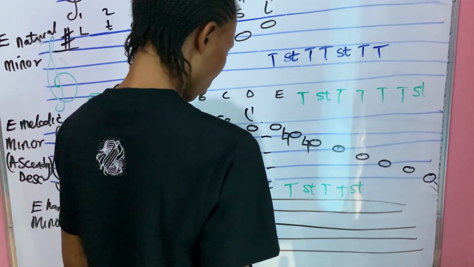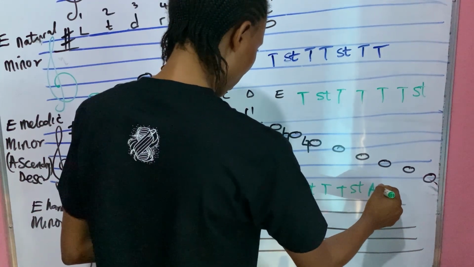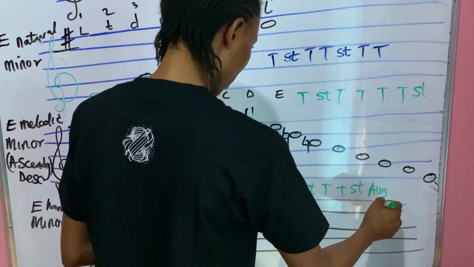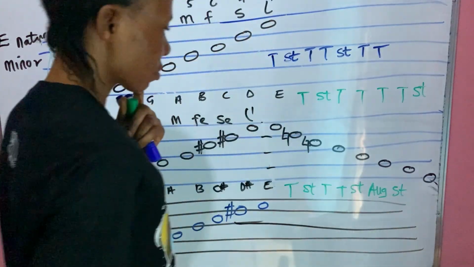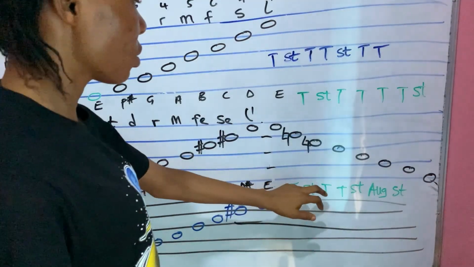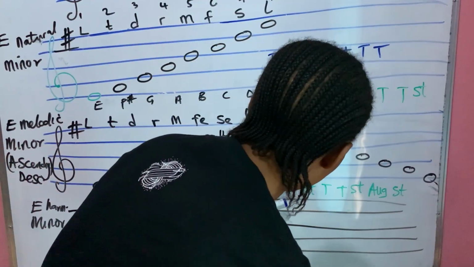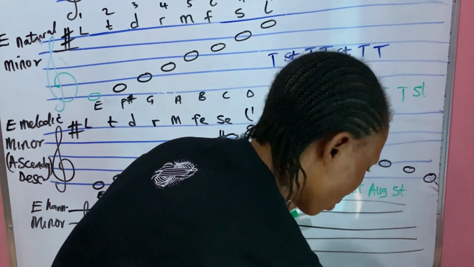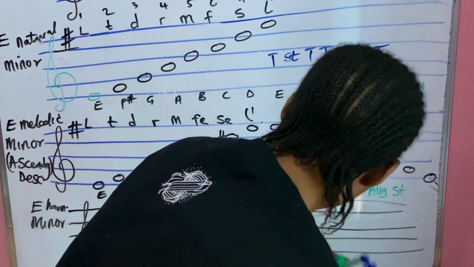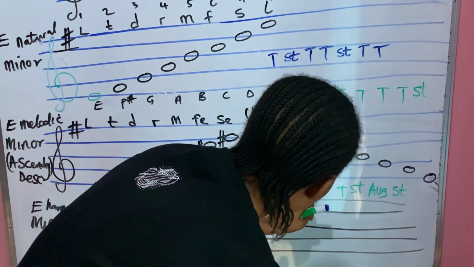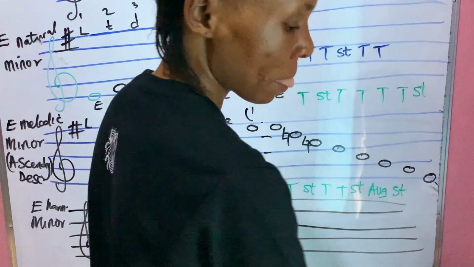C to D sharp is an augmented semitone, then D sharp to E is a semitone. So this one has tone, semitone, tone, tone, semitone, augmented semitone, semitone. So that's the formula, and enjoy yourself.